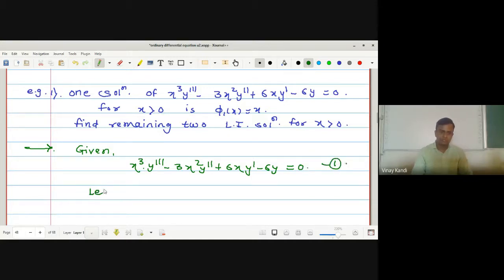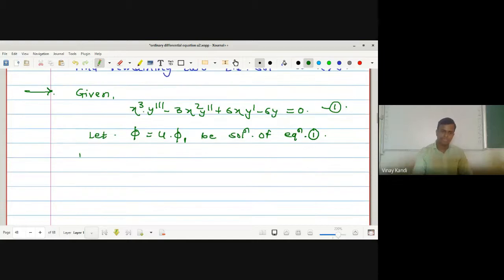Let phi is equal to u into phi 1, be a solution of equation 1, that is phi of x is equal to u into what is phi 1? x.